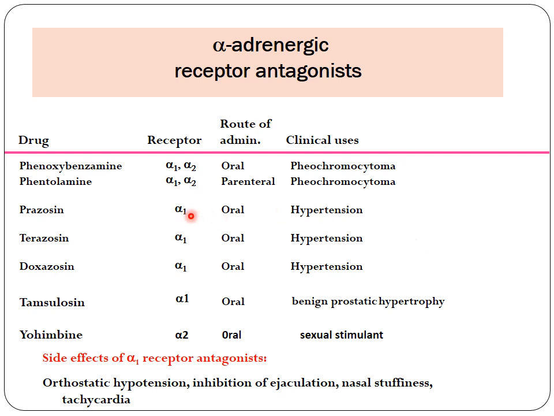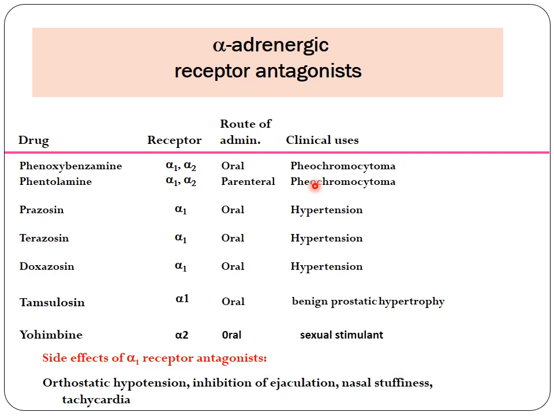In the alpha blockers, we have, for example, phenoxybenzamine and phentolamine. Both of them are non-selective alpha blockers. We mean by that they are going to block both alpha 1 and alpha 2. Both of them are used in the treatment of pheochromocytoma. What is pheochromocytoma?